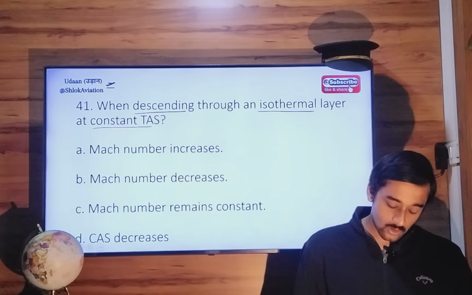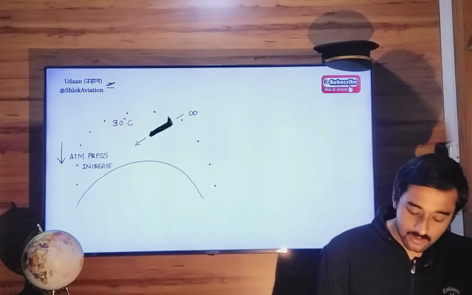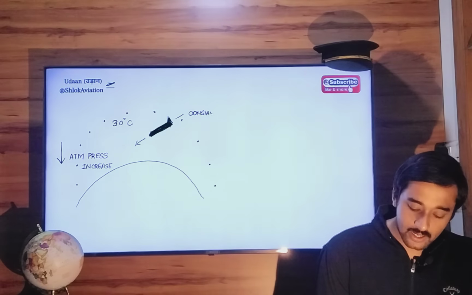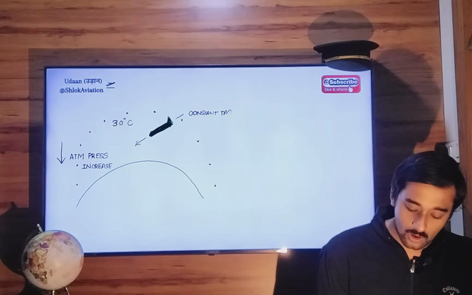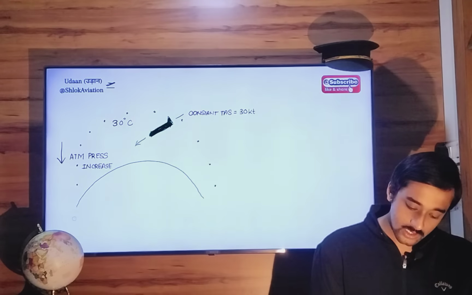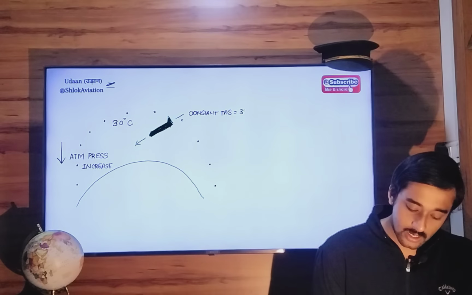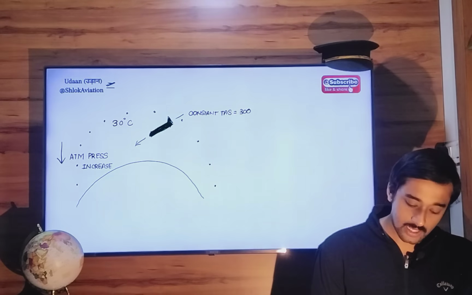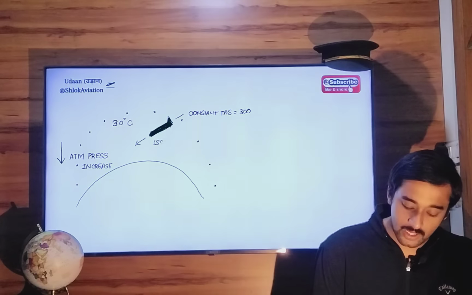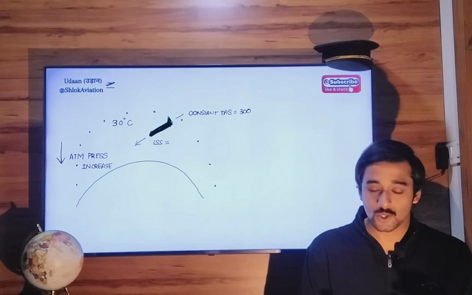You are descending at constant true airspeed. So let's say you are descending at a constant true airspeed of 300 knots. The local speed of sound in this isothermal layer is going to remain constant because temperature is constant.